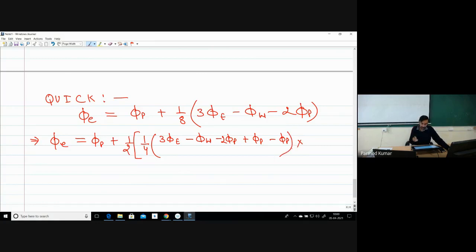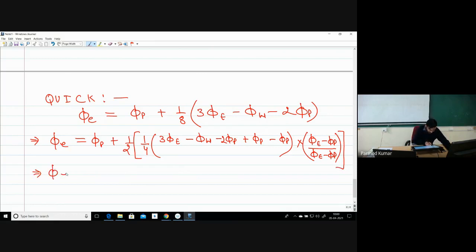Further, in order to make it equal to the generic term, I will multiply by phi E minus phi P and divide by phi E minus phi P. So these two algebraic manipulations I have done.